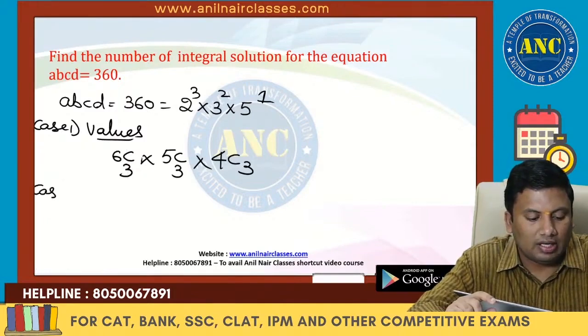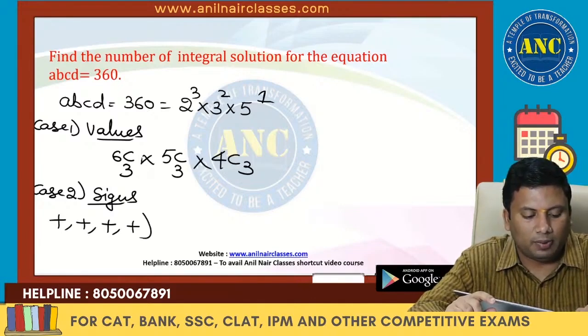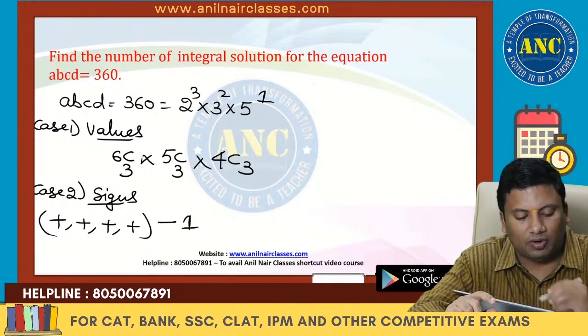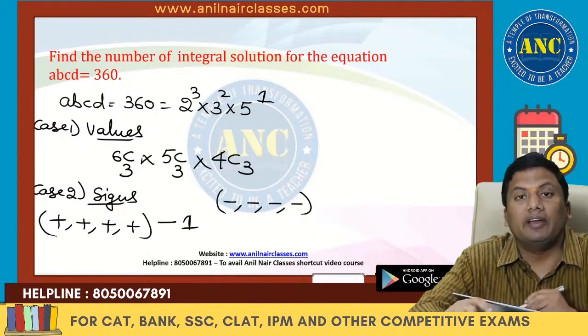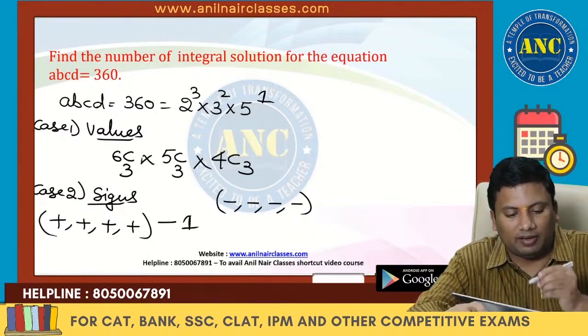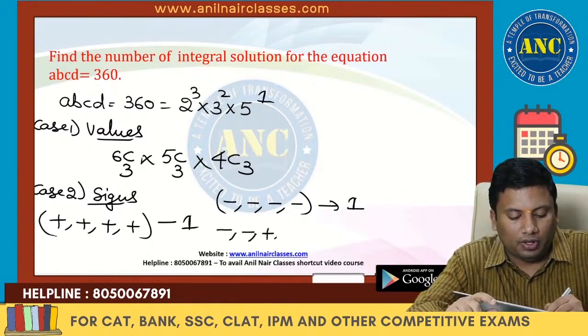Case 2 is nothing but signs. Which signs are possible? Plus, plus, plus, plus, which is one way. Negative, negative, negative, negative, an even number of negatives, again one way. Negative, negative, positive, positive, the product is again positive.